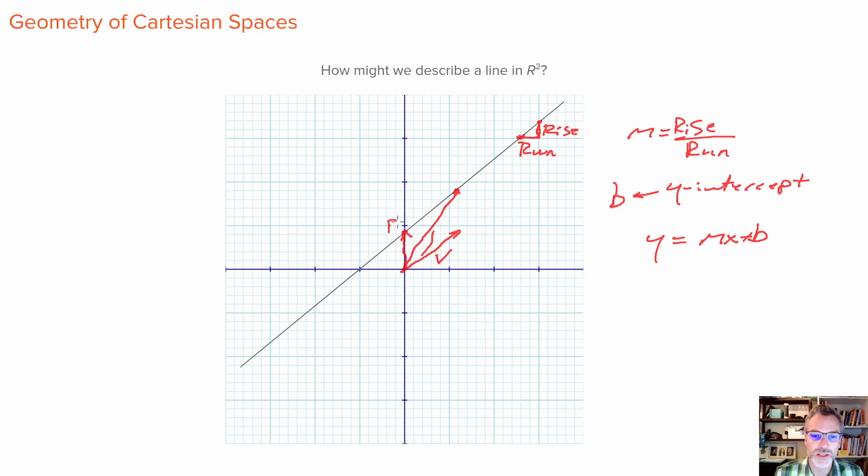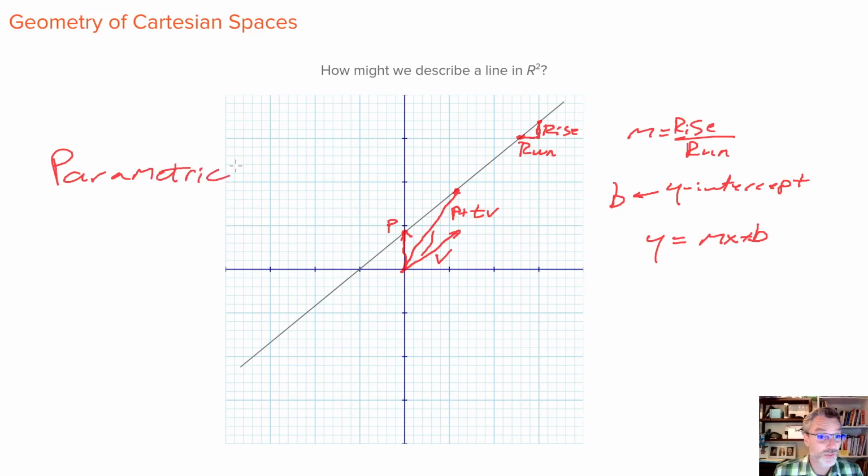And if this is p, this would be p plus t times v. And I could change that parameter, and I scale out that vector, and I would have a new representation for that line. Okay, that's the one we're going to look at today. That's called the parametric form.